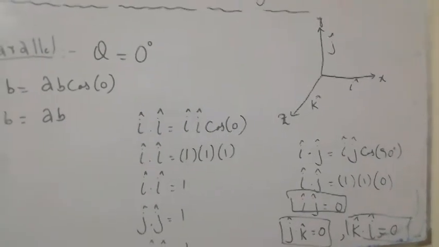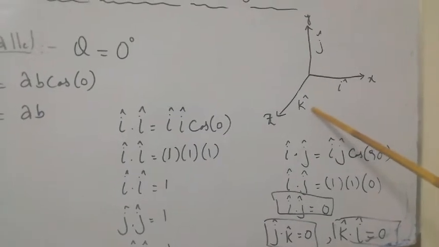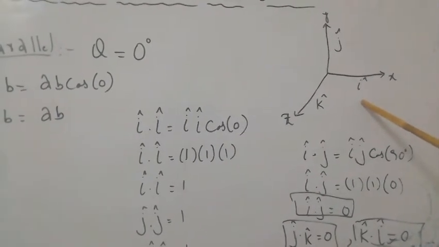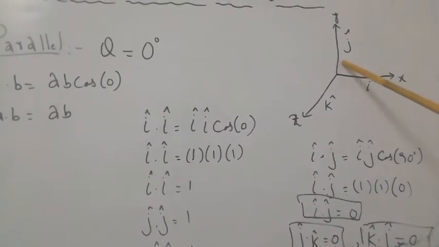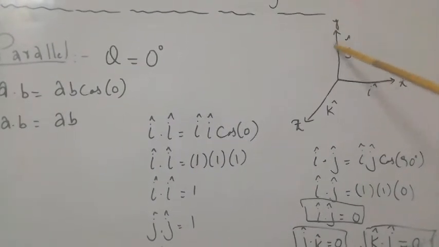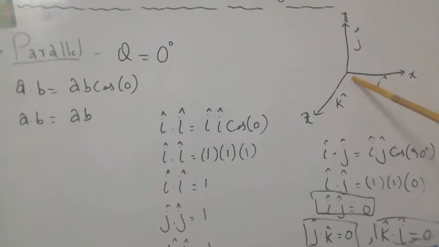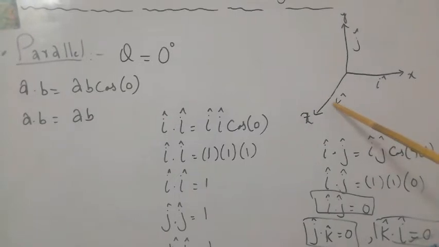Now if we talk about the unit vectors i, j, and k, the unit vector i is along the x-axis, we represent the direction along the y-axis by j, and we represent the direction of the z-axis by the unit vector k.